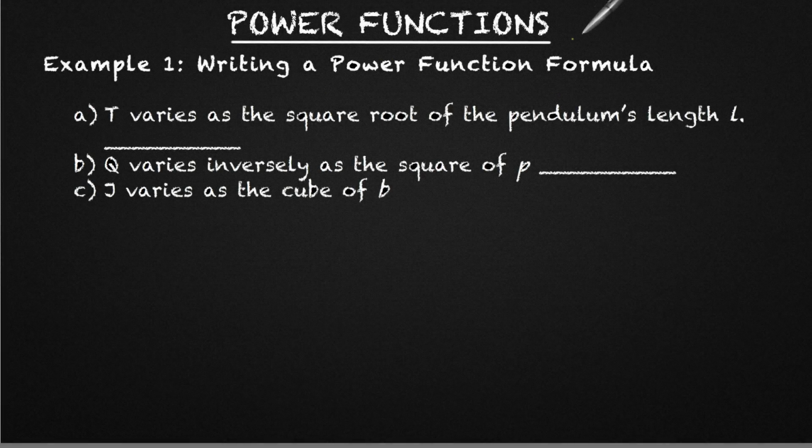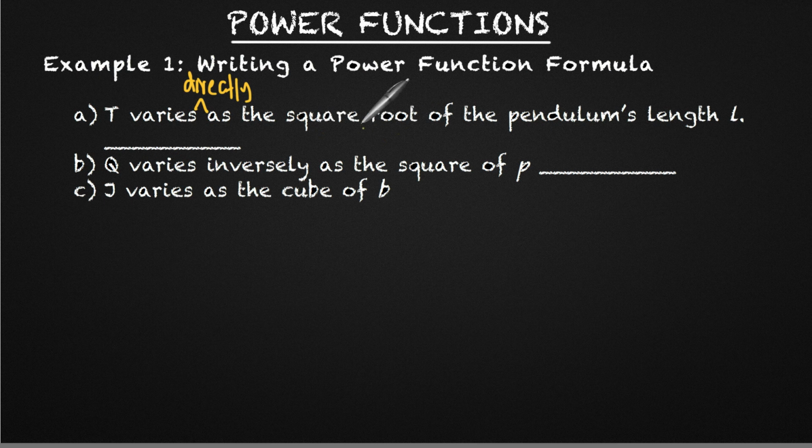Okay, writing a power function formula. These can be very, very easy. All you have to do is write it the way it is written. T is varying. Now, it doesn't say inversely, so therefore you have the liberty to say directly. T is varying directly as the square root of the pendulum's length L. Now, please don't confuse square root with squaring.